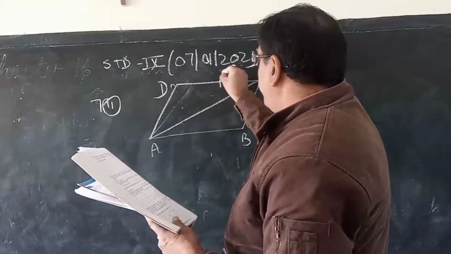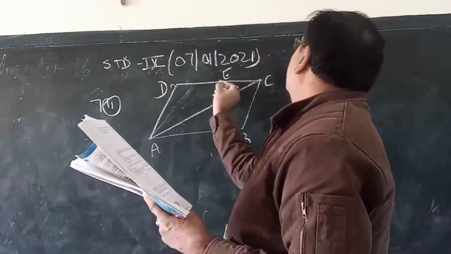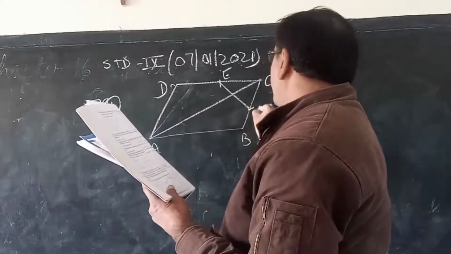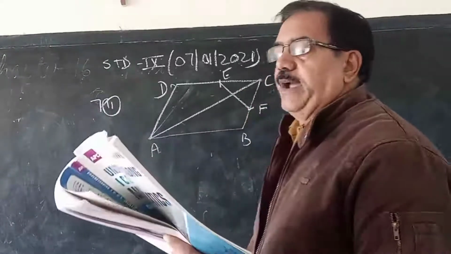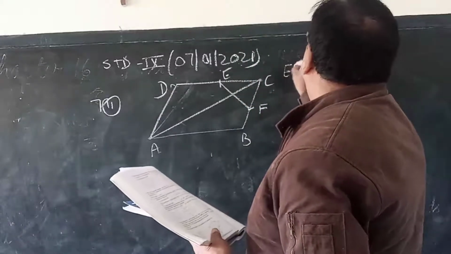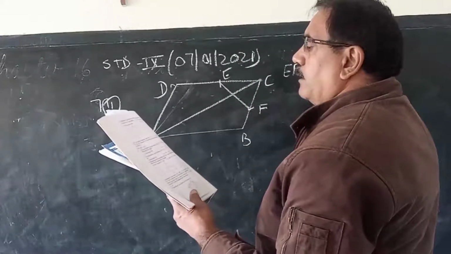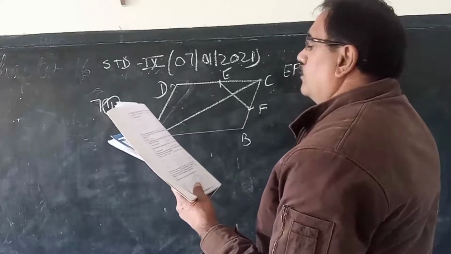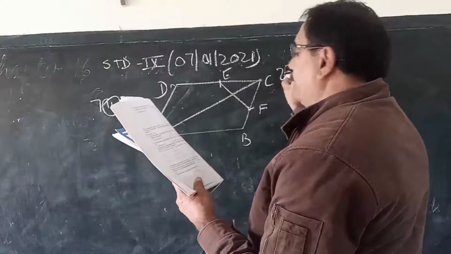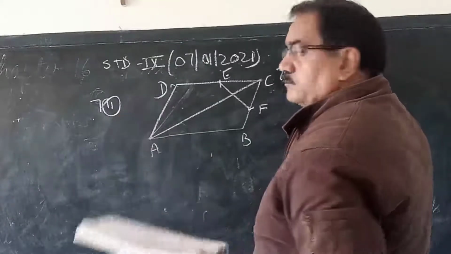E is given as the midpoint. Then a line is drawn through the midpoint E. We have to prove that F is also a midpoint. And also we have to prove that twice EF is equal to BD.